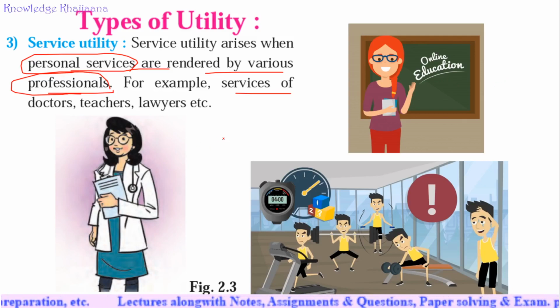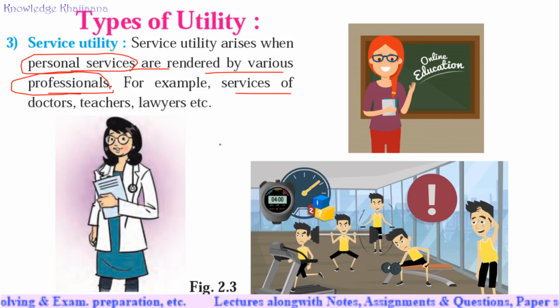Similarly, for doctors, nurses, medical staff, for the services they provide, service utility has increased. Similarly, a criminal has utility of the services of a lawyer, and service utility of gym, beauty parlor, laundry, and watchman has also arisen.